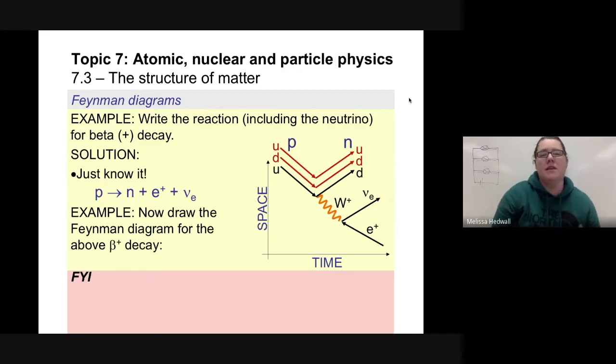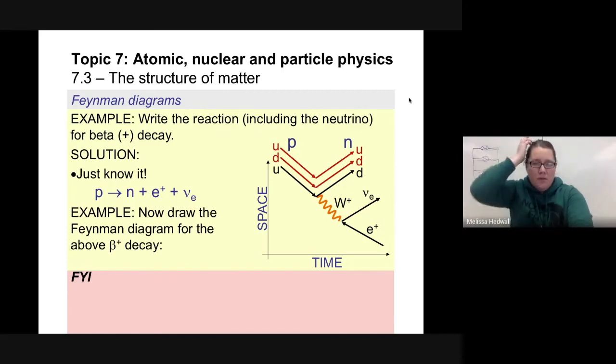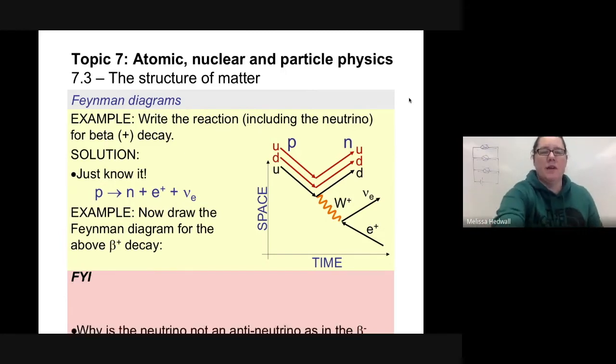It might say that you have a proton that decays, like it's written here, write the reaction for your beta positive decay and then draw the Feynman diagram for that. It would say that the force propagating it is a W plus or a W minus or whatever you have. So you don't have to just magically know what kind of force would be there.